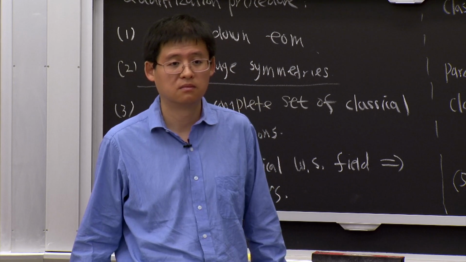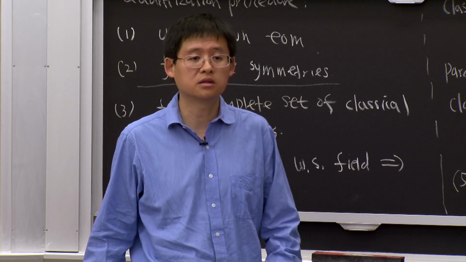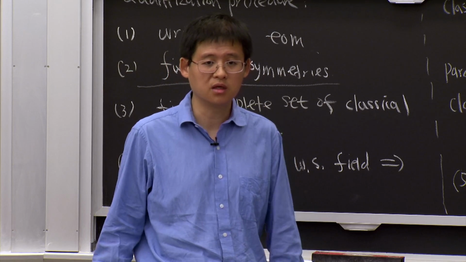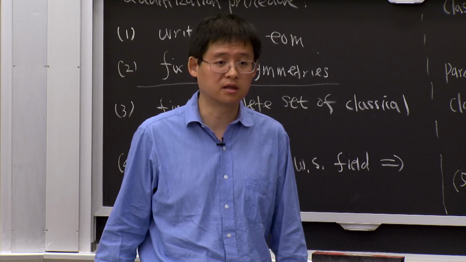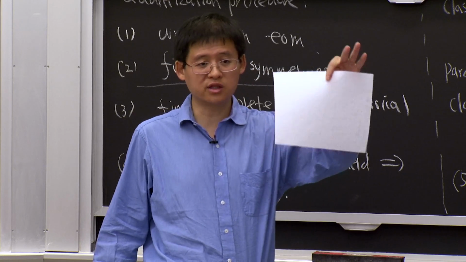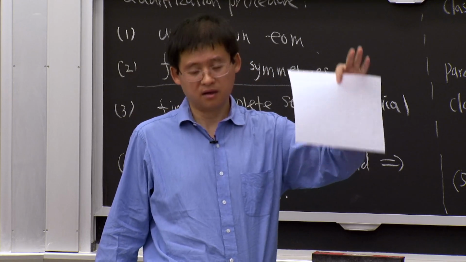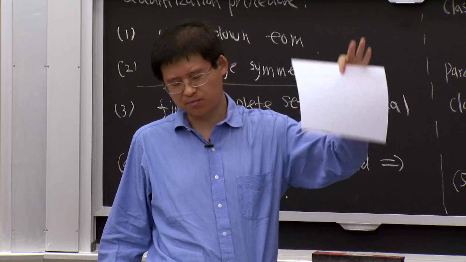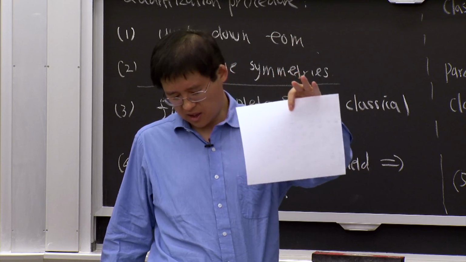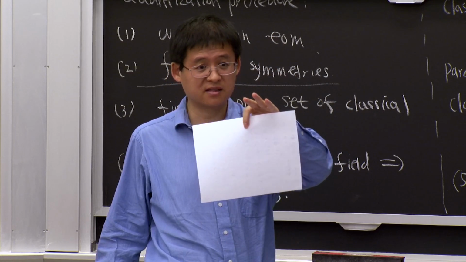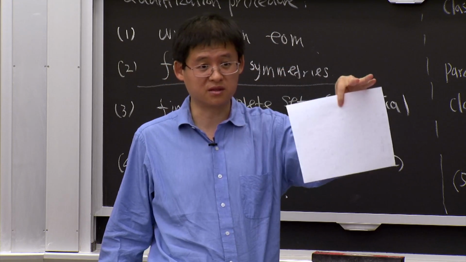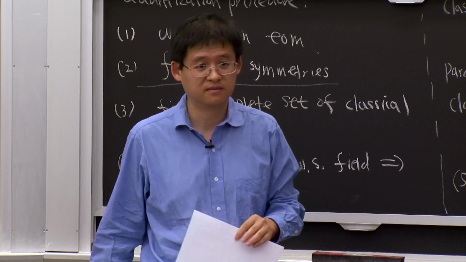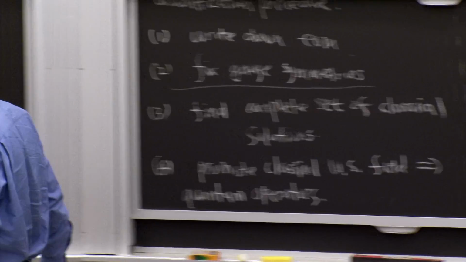For a scalar field theory, just as for a harmonic oscillator, you can write a exponential i k x plus i omega t plus a star exponential minus i omega t. So a is the parameter, and a and a star become the creation and annihilation operators. It's the same thing here.